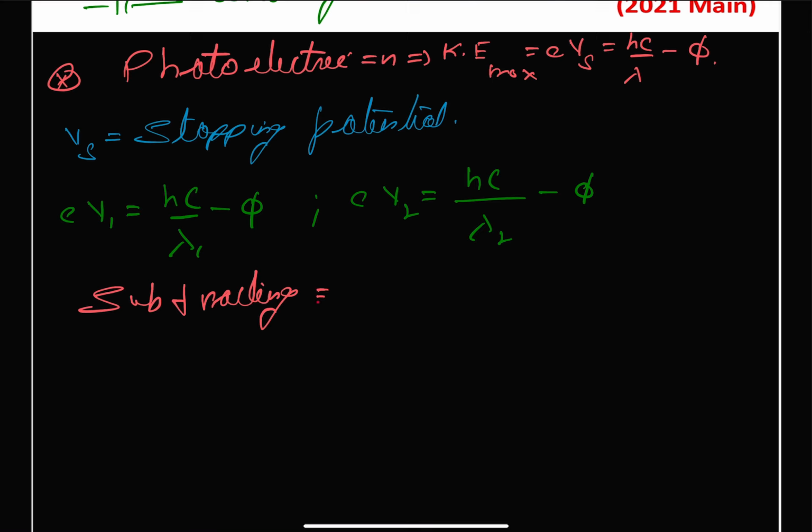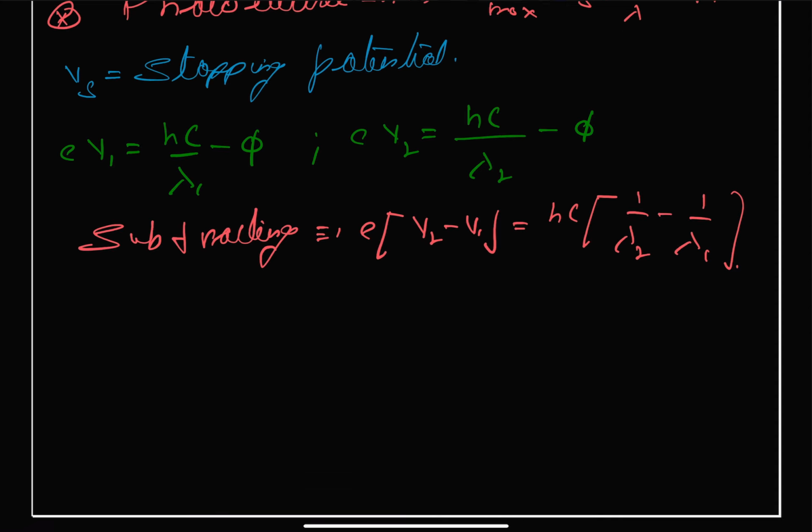Subtracting, we get e(V2 minus V1) will be equal to hc, which we can take as common, times 1 upon lambda 2 minus 1 upon lambda 1, and we substitute the values.